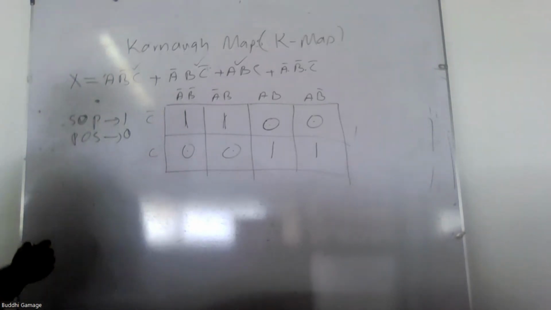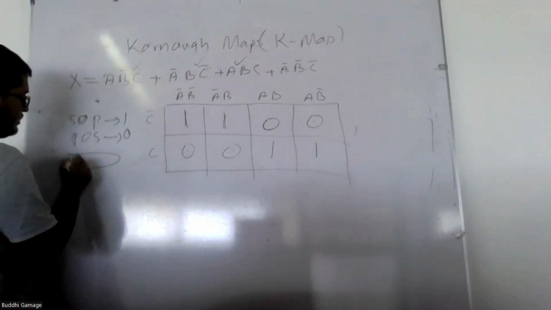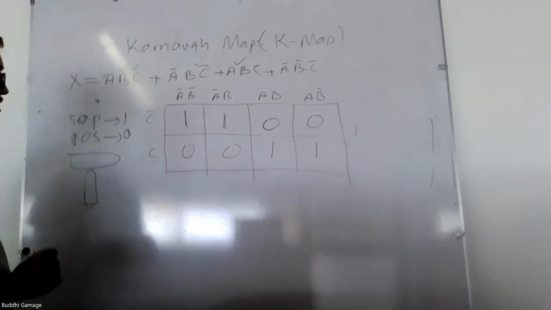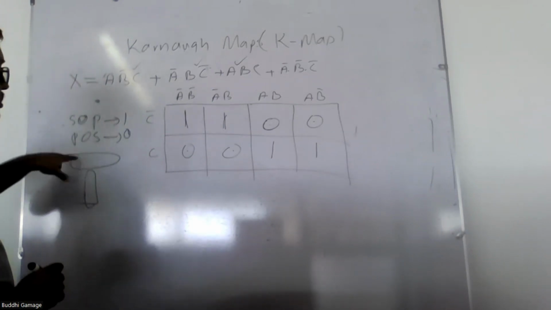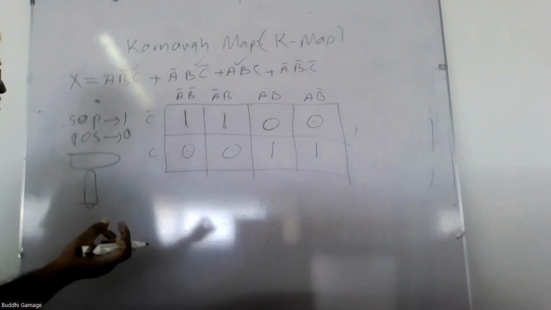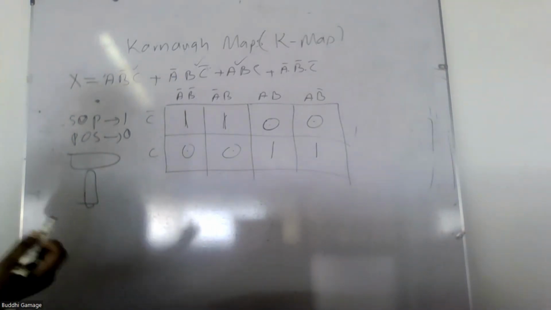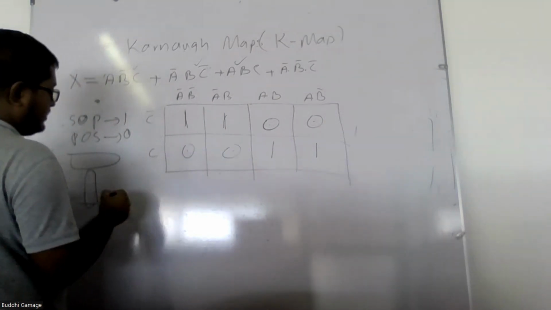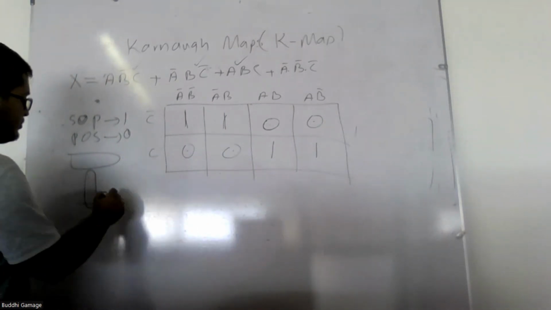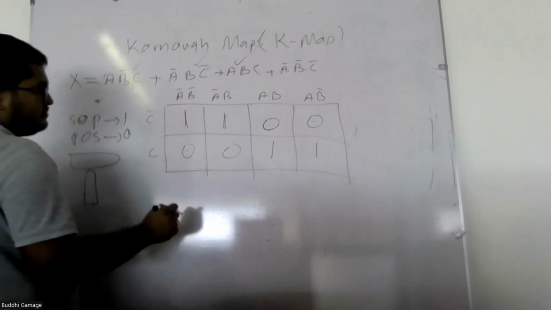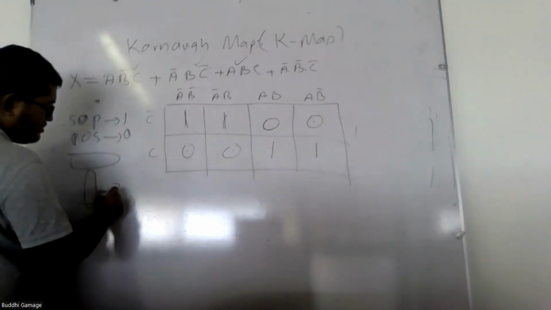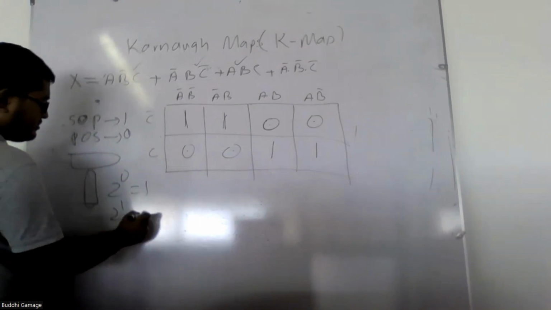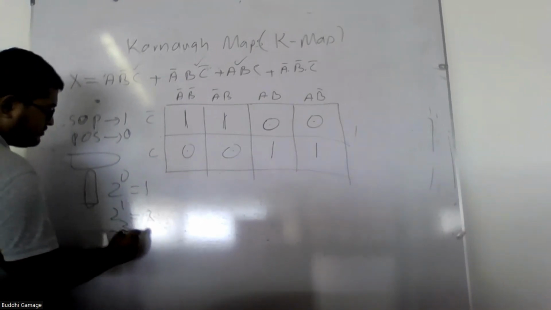And you only group horizontally and vertically, right? Each group should contain cells in powers of 2. What is 2 to the power 0? 1. 2 to the power 1 is 2, then 4.